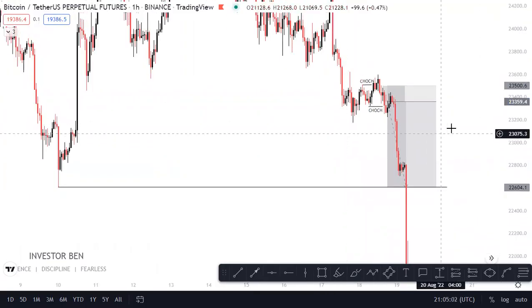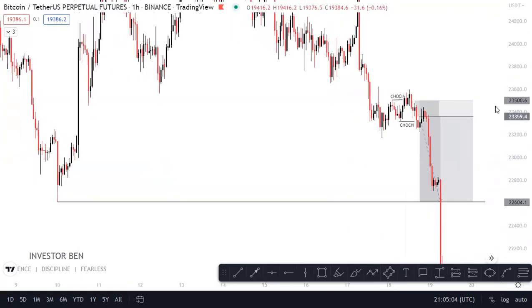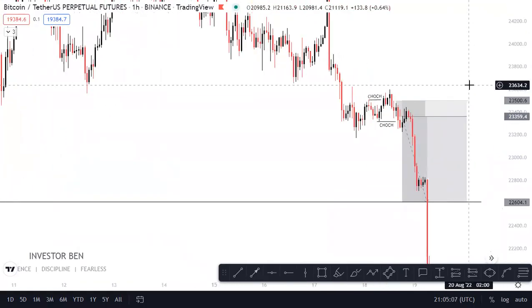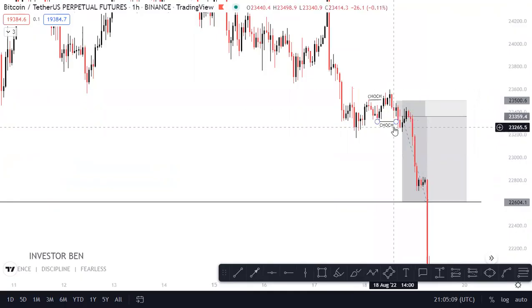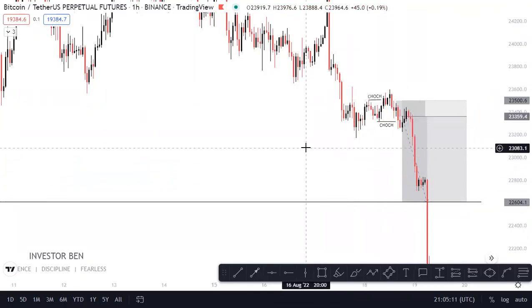This is a change of character formation, and you could see our price delivered swiftly. After clearing this high and clearing this low, price mitigated this demand zone and sold to the downside.